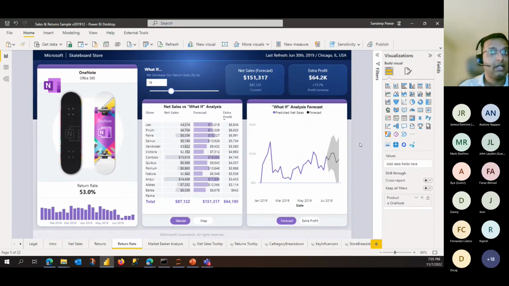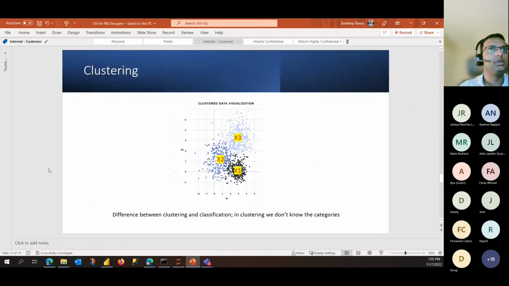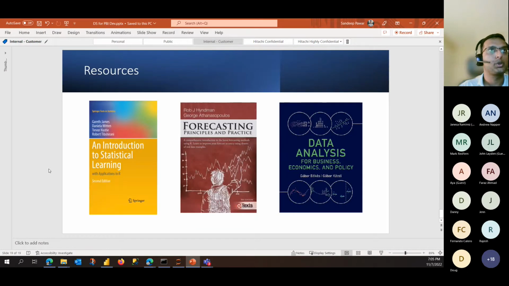Okay, understand them very well, understand where you can use them, understand where they do not work. And then if you think that you need to learn data science, if this is something that you want to understand more, then I would use some of the resources that I'm going to show you.